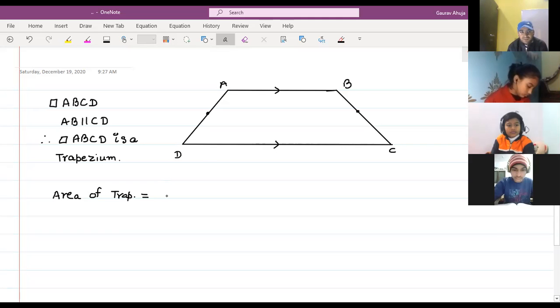Similarly, the area of a trapezium is half the sum of parallel sides into height, where h is the perpendicular distance between these two parallel lines.